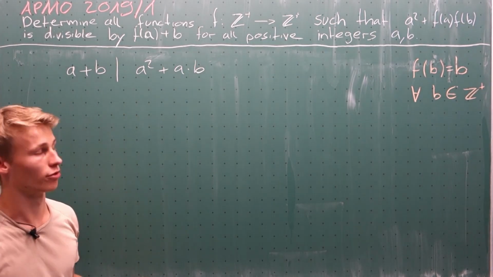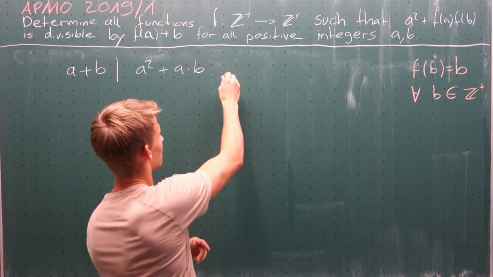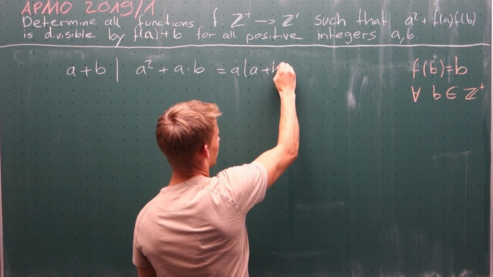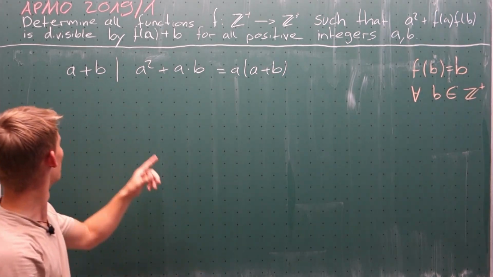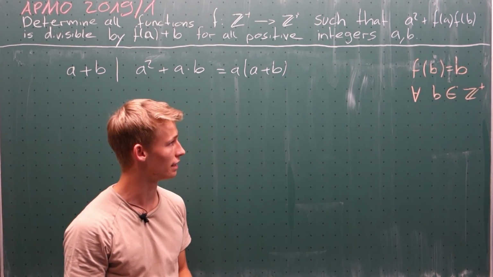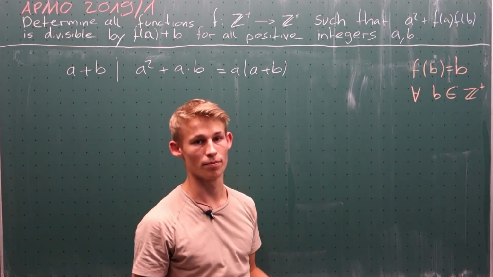Now we can factor out an a, so this is equal to a times a plus b, and now we have the factor a plus b on the right hand side, and therefore indeed f of b is equal to b is a solution.